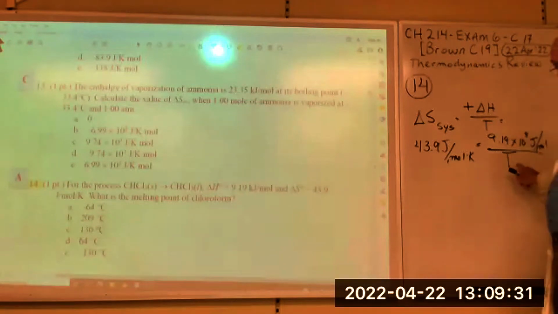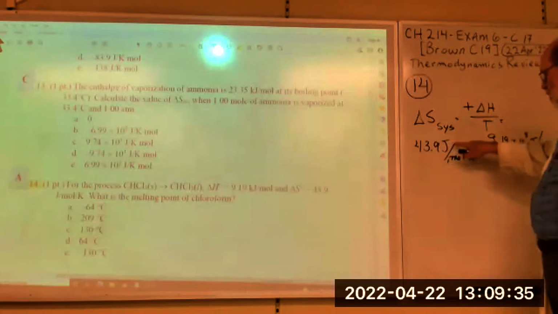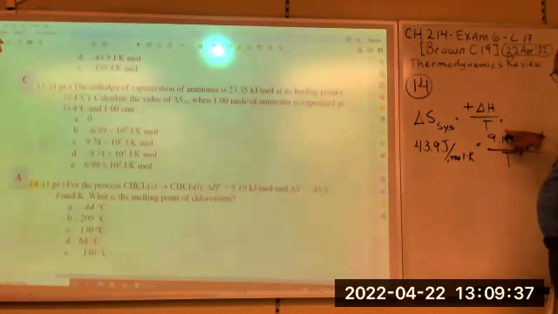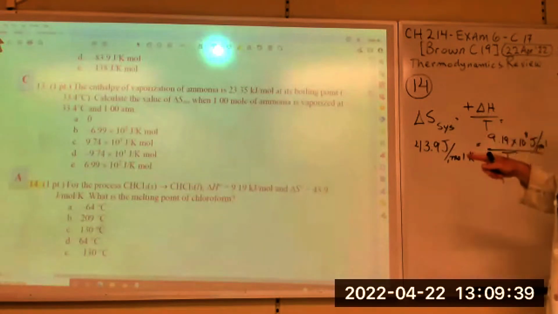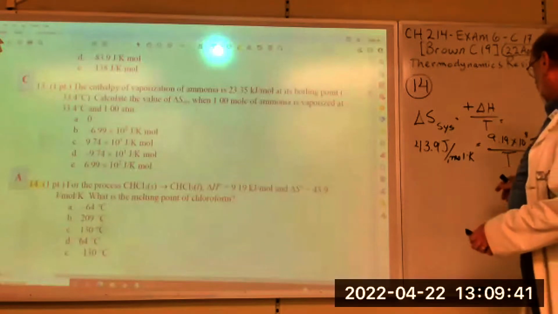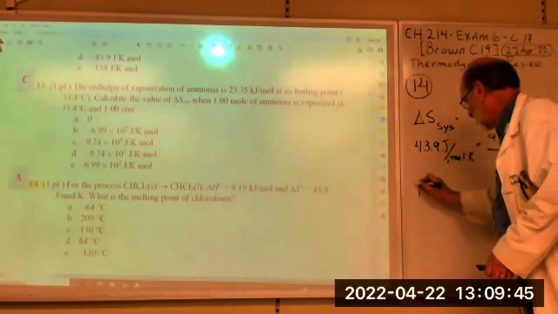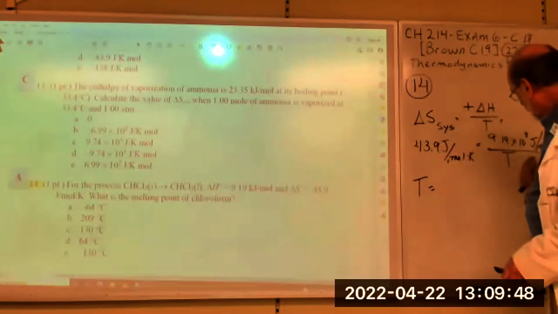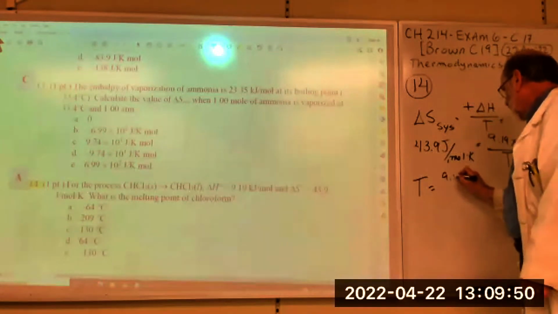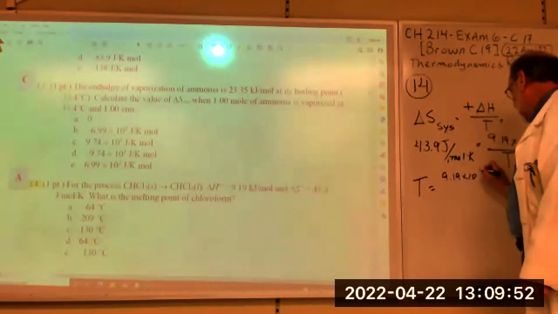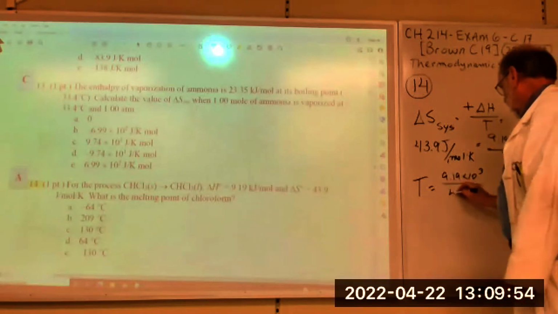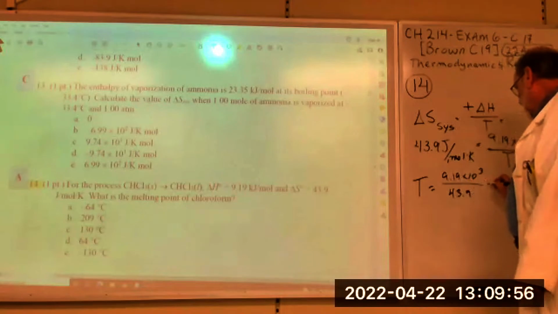And that temperature is the one we're after. But notice we had to make these units equal. This is in joules, this is in kilojoules, so I had to change that to joules. Now what I need to do is put the T on this side, put this one over here. So now we have 9.19 times 10 to the third divided by 43.9.